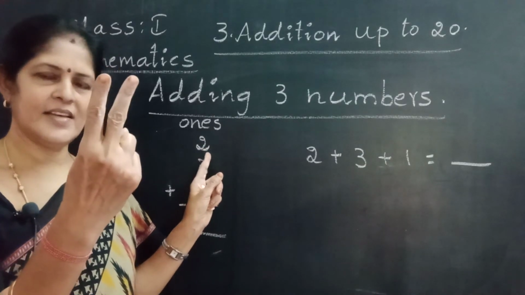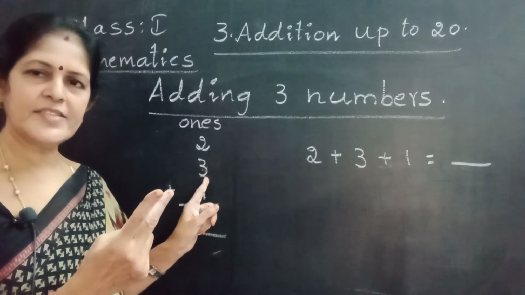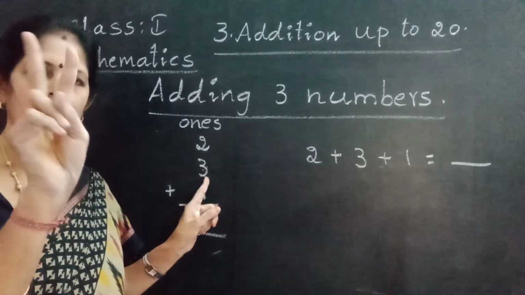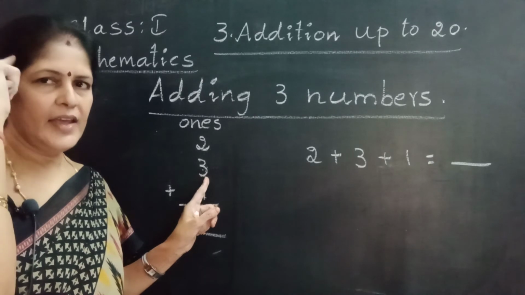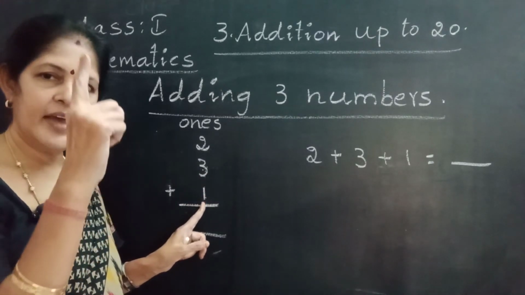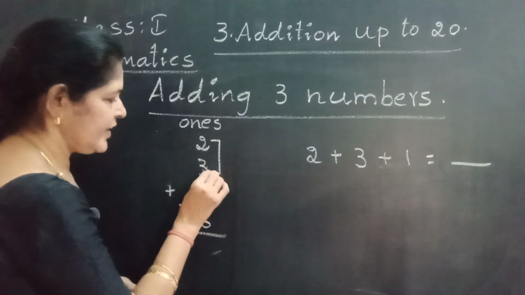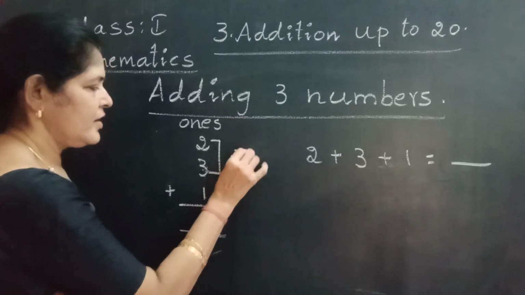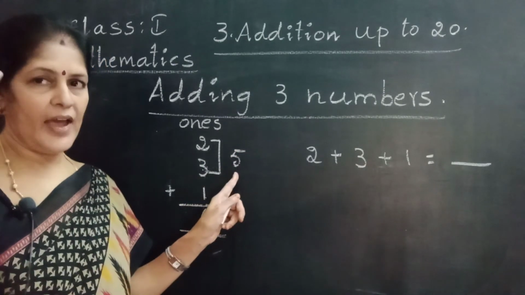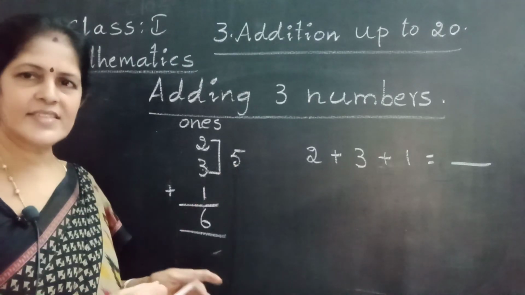Take 2 fingers. Second number is 3. 3 after. What should you say? 4, 5. 5 in the mind. Take 1 finger. 5 after: 6. Right answer 6. First we should add these 2 numbers. The sum is 5. 5 in the mind. Take 1 finger. 5 after: 6.